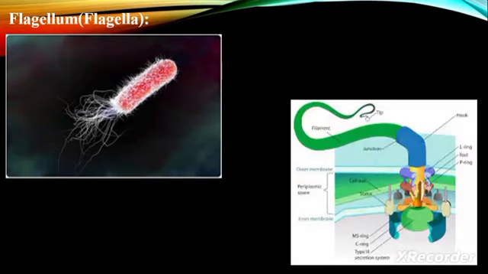Flagella are long, whip-like tails that act like outboard motors. They rotate rapidly to drive the cell forward, allowing it to move toward nutrients or away from toxins. That process is called chemotaxis.